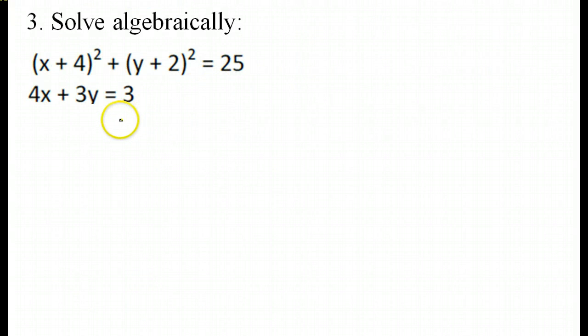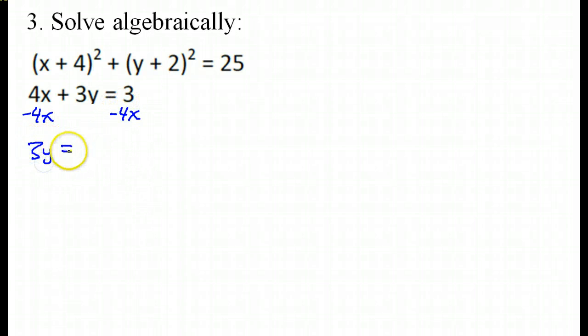All right, this one looks like it's going to be a little bit tricky. First thing we have to do is get y by itself. So, let's subtract 4x from both sides. So far that gives us 3y is equal to negative 4x plus 3.